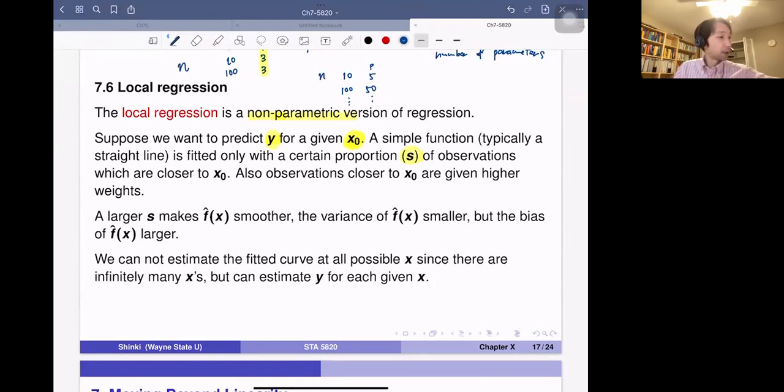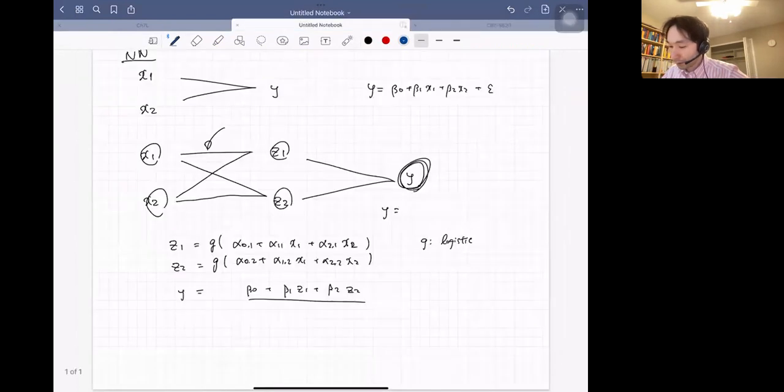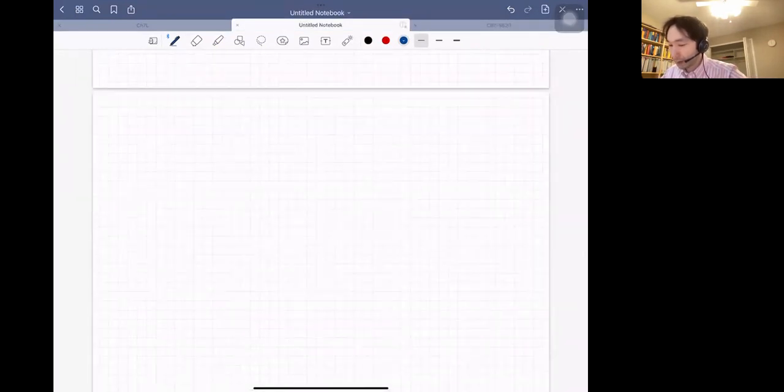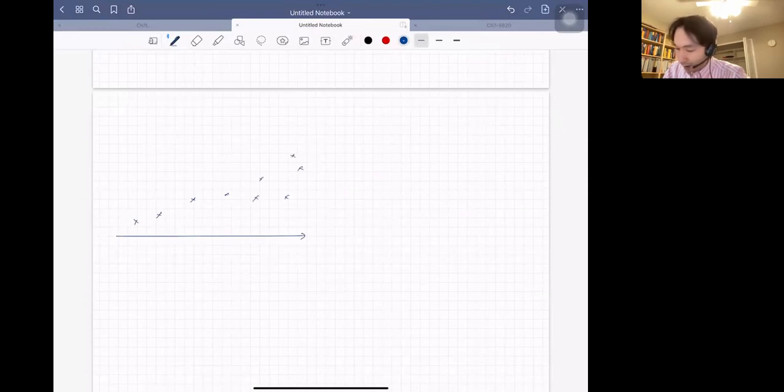So in the simple case, all observations have the same tendency. Even if we have many observations, if the relationship is so simple, we can use all observations to identify the relationship.